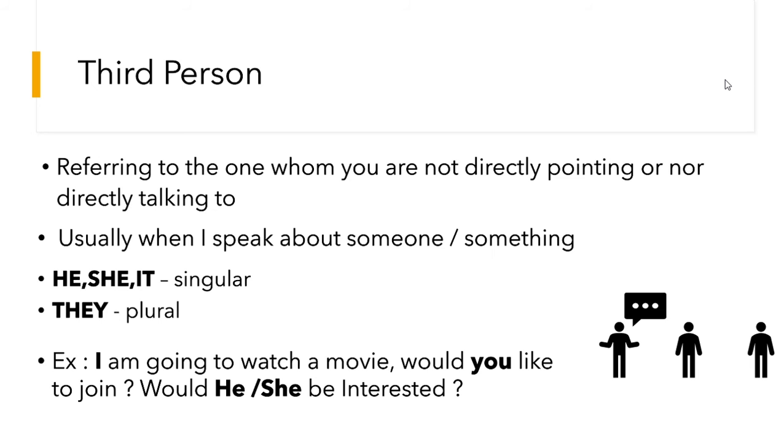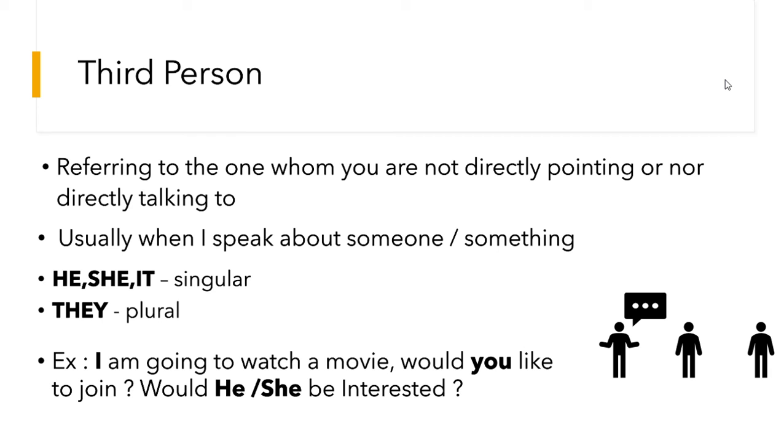Let's take an example. I am going to watch a movie. Would you like to join? Would he or she be interested? If we understand this example, the speaker, the first person, is asking a question to the second person and also getting some information about the third person.